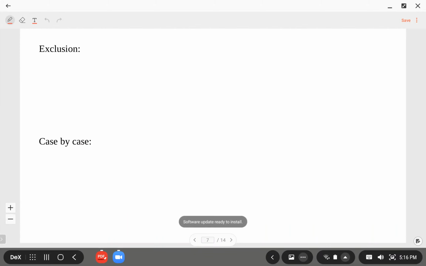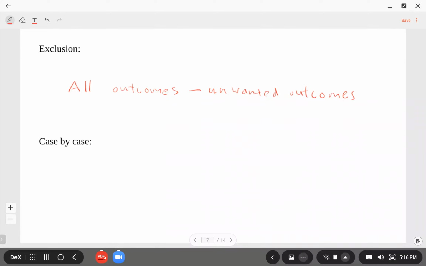Exclusion is basically taking all outcomes minus the unwanted outcomes. If you take all the outcomes and subtract the unwanted outcomes, then you'll get the wanted, desired outcomes. That is one way, and you usually do this when you have many cases.